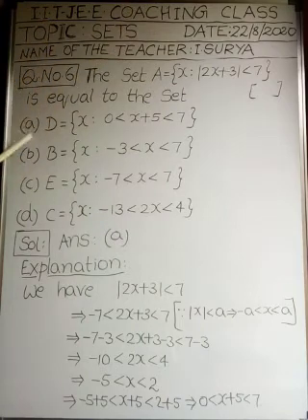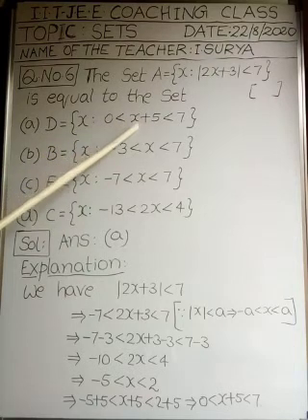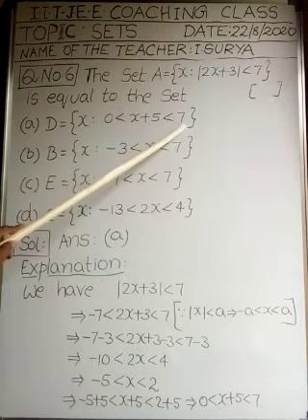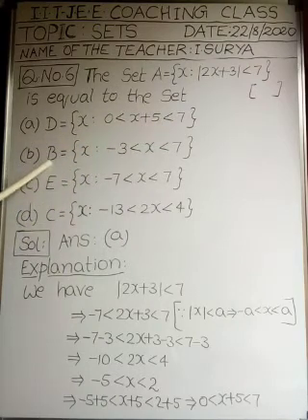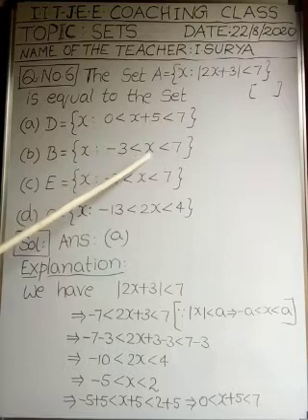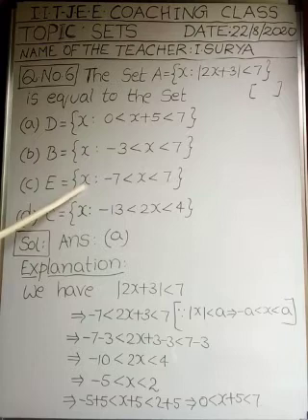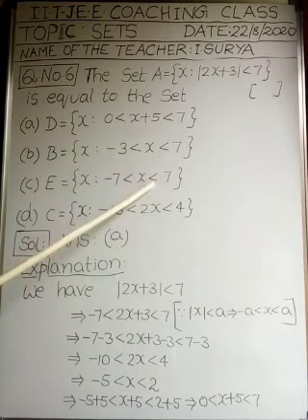Right. See the first option, D is equal to set of all x such that 0 less than x plus 5 less than 7. See the second option, B is equal to set of all x such that minus 3 less than x less than 7. Now come to the third option, E is equal to set of all x such that minus 7 less than x less than 7.